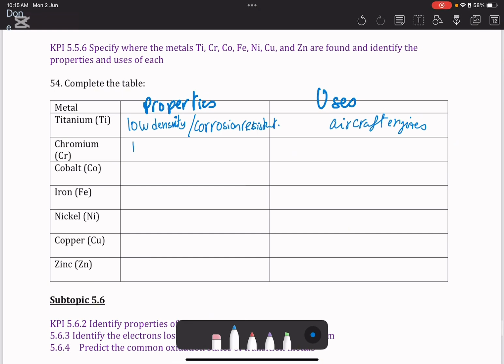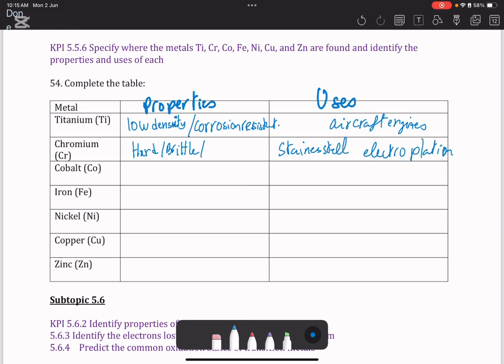Chromium, that's Cr, it's hard, it's like crystals, it breaks easily, brittle, and we can find it in stainless steel and electroplating.